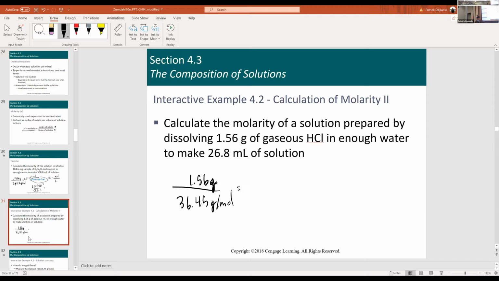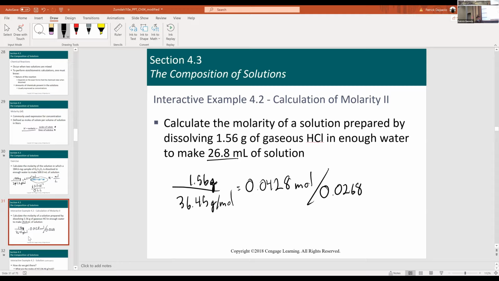And you do the math for that. 1.56 divided by 36.45. You get 0.0428 moles. And we're going to divide that by the total volume of solution, which is 26.8 milliliters. But to get it into liters, it's 0.0268.